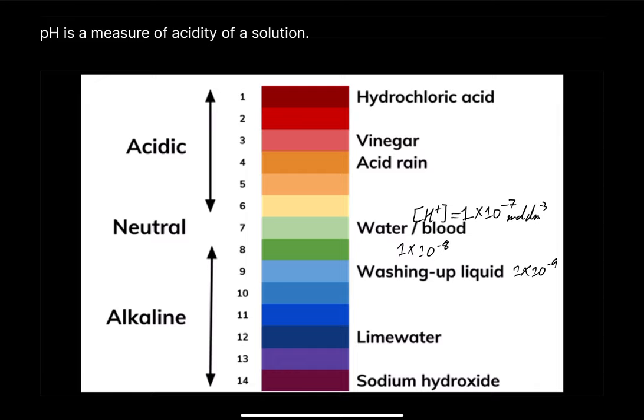The pH of water is 7. But the pOH, if you want to talk about pOH, which is the same concept as pH but just with OH, the pOH of water is also 7, because we have an equal concentration of both H plus in solution and OH minus in solution.